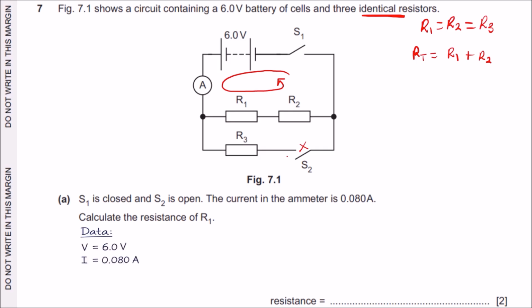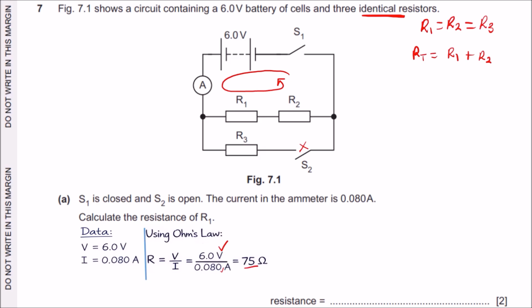So we are given that the voltage in the circuit is 6.0 volts, the current is 0.080, and by Ohm's law we can find the total resistance, because Ohm's law says total resistance is total voltage divided by total current. So our total voltage as given is 6 volts, and our total current is 0.08, giving us a total of 75 ohms in the branch.